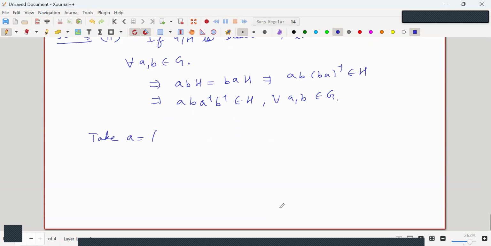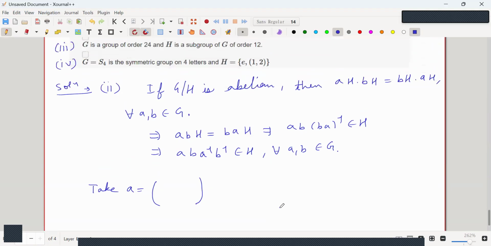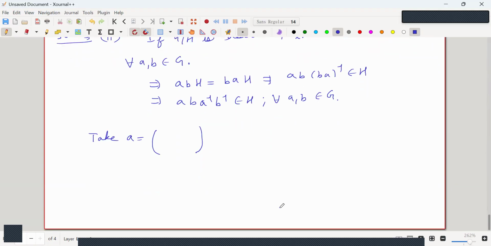Can you now tell me your example? A is what? I took 1, 1, 1, 0, and B is 0, 1, 1, 1.